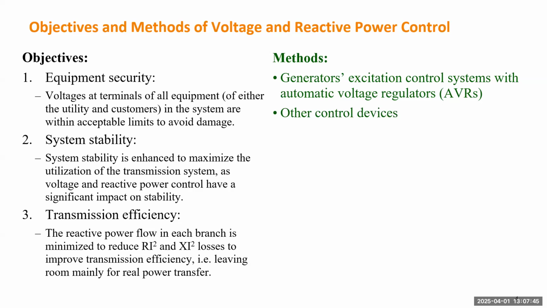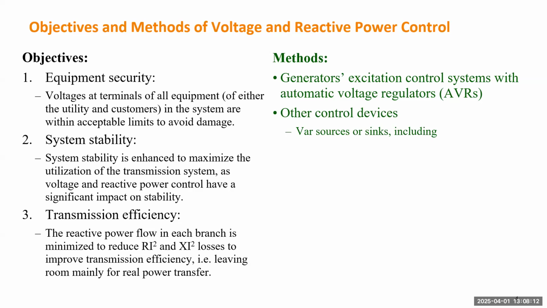Because you cannot deliver reactive power over long distances, you also need to put some local control devices near the load where the equipment is far from any generation. So you need to utilize a local controller to maintain the voltages. Such controllers include VAR sources or sinks. Sources means they can provide additional VAR to increase voltage.